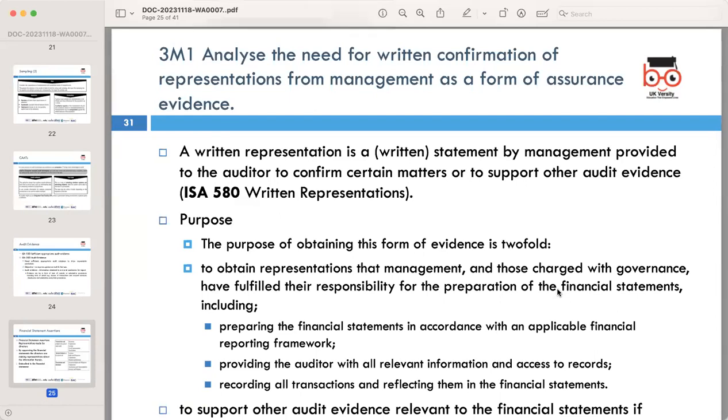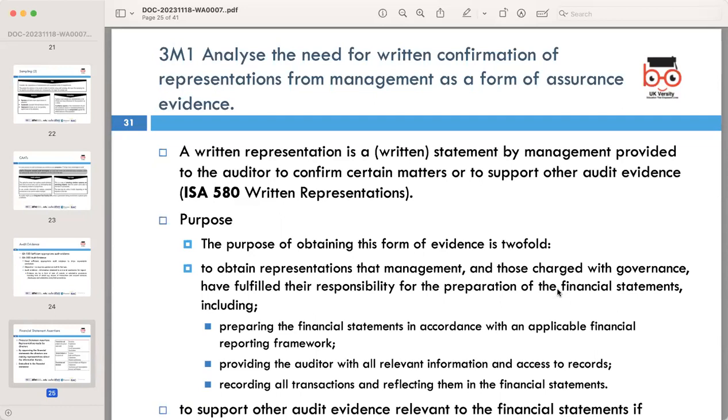The second reason is to help the auditor. Sometimes the auditor needs a little extra support to make sure everything is accurate. These written statements act like backup evidence, kind of like having a friend vouch for you when you are trying to prove something. So in summary, written representations are like official notes from the management of a company.